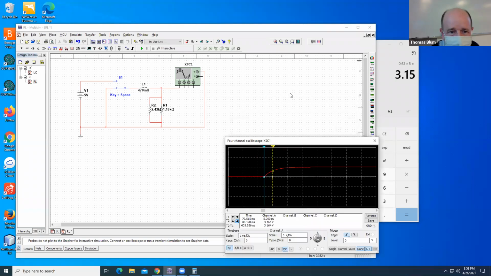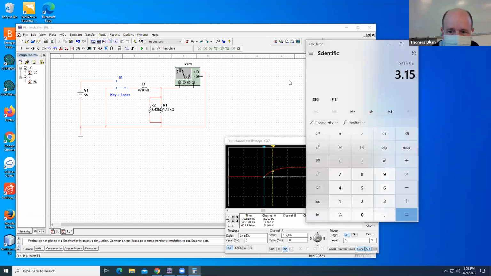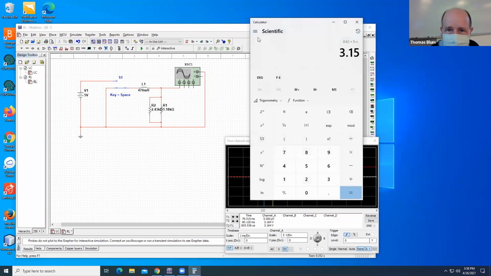Now, what would it be? I would take the L divided by the effective R, so I have to add these two R's in parallel, the equivalent resistance. So I would do 1 over 2.43 plus 1 over 1.18 equals 1 over 0.794.